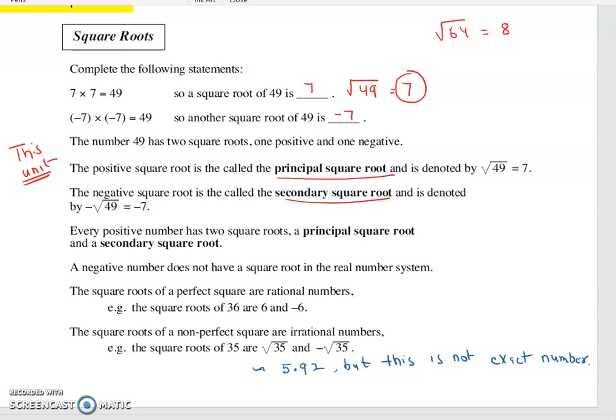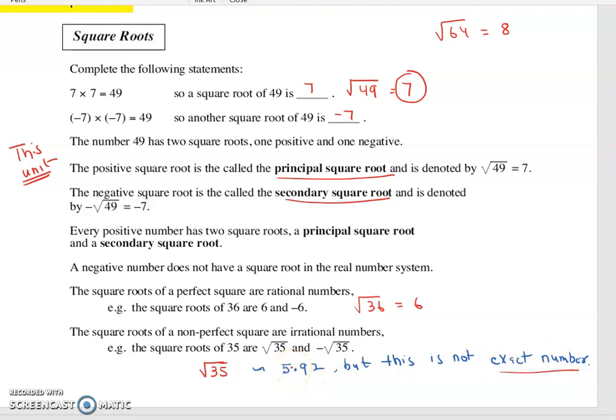Okay. Another thing that we will also talk about is that sometimes you will get nice numbers, like the square root of 36 is 6. But other times, some numbers don't give us a nice answer, like the square root of 35. If you can't get a nice answer, an exact number, you can have a decimal number, but this one is not exact because we have to round it.